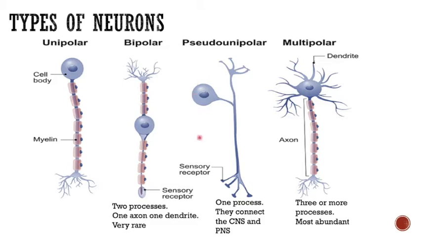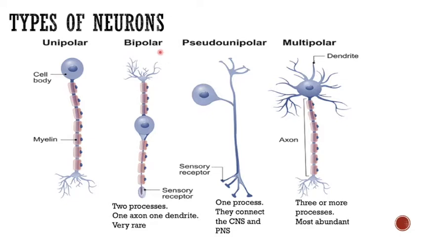So these are a very special type of cell, also very rare, and basically their job is that they connect the central nervous system to the peripheral nervous system. So it doesn't matter if it looks like it has 2, we should pay attention to the amount of projections coming from the soma of that neuron.